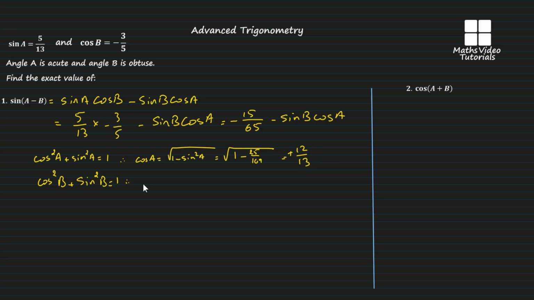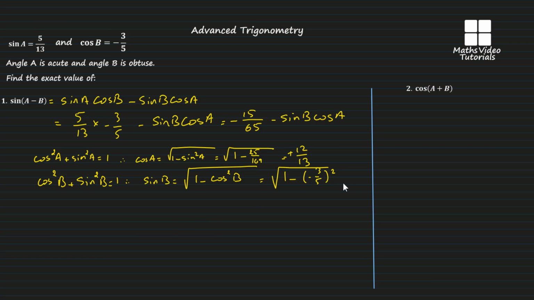Again, similar to what we did, we need to make sine B the subject, so that will give us sine B is equal to the square root of 1 minus cos squared B, and then we substitute because we've been given cos B. So we're going to have 1 minus, and I put it in bracket, minus 3 over 5 because it is a negative fraction.